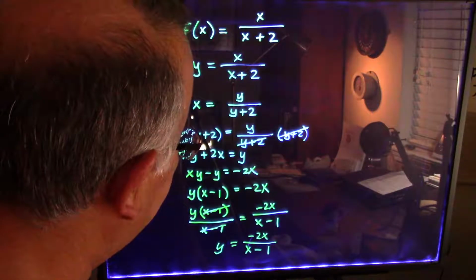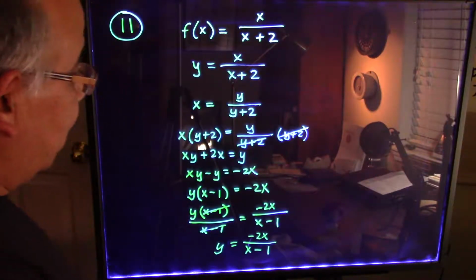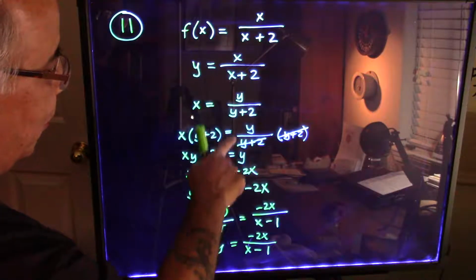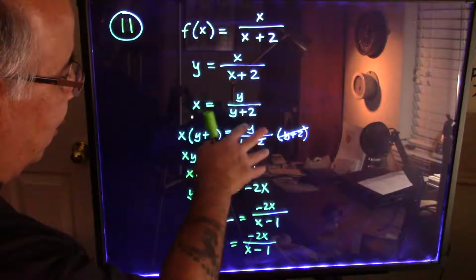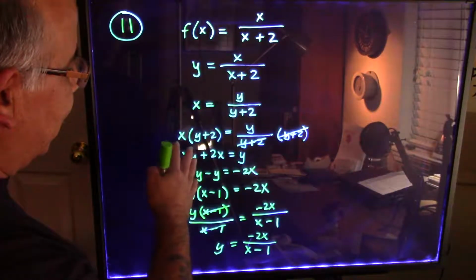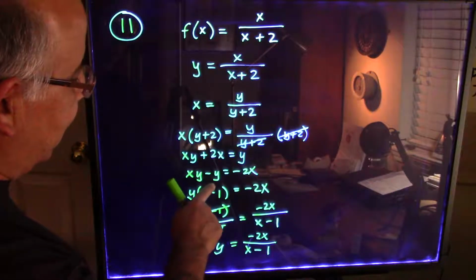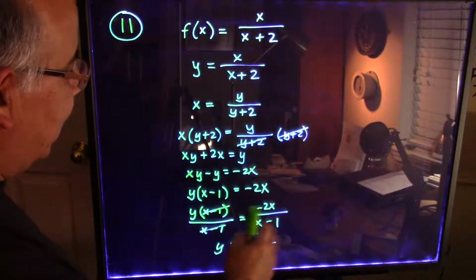So that's the general strategy that you would use for solving or isolating a variable when there's more than one instance of a variable. You would clear any fractions, and then you would distribute, and then you would get all the y's together on one side of the equation and everything else on the other side.